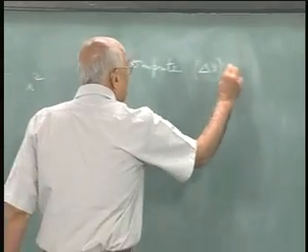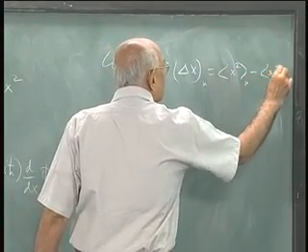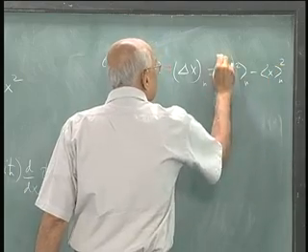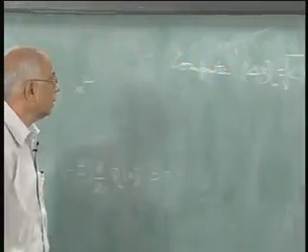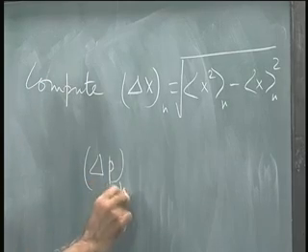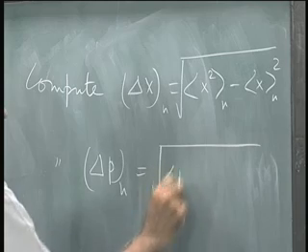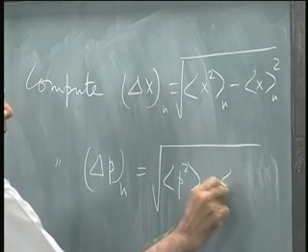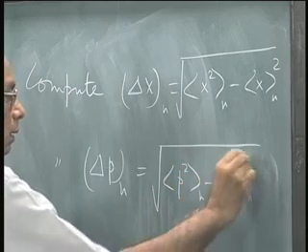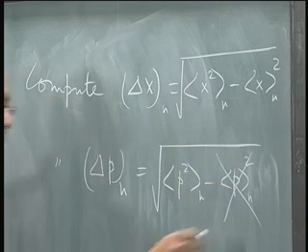So this guy here, this is equal to x squared n minus, compute that number, and then delta p n equal to square root of p squared n minus p average n squared, and we just discovered this is 0 in this problem.